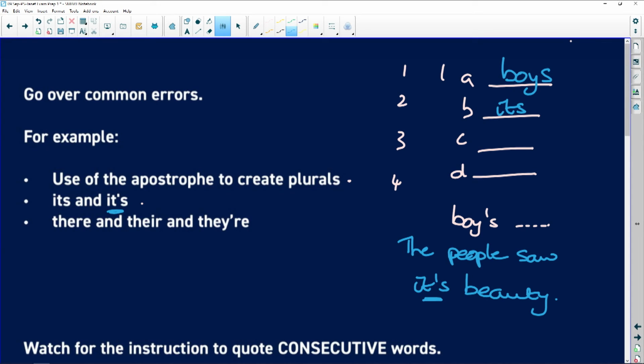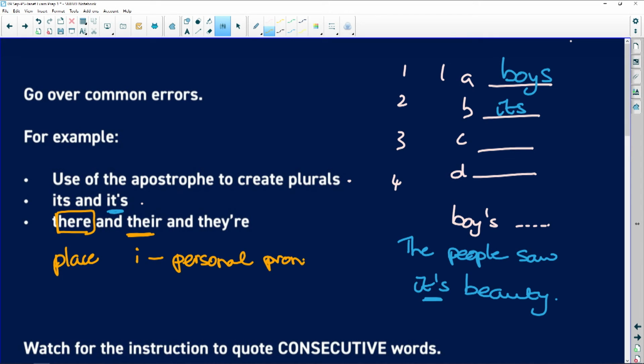Now, I don't know how people have helped you remember this. I know some people say that there has the word here inside it. So that must be place. There is over there. Go and sit over there. It's place because it's got here in it. Their, some people say, well, this has got I in it. And I is a personal pronoun.